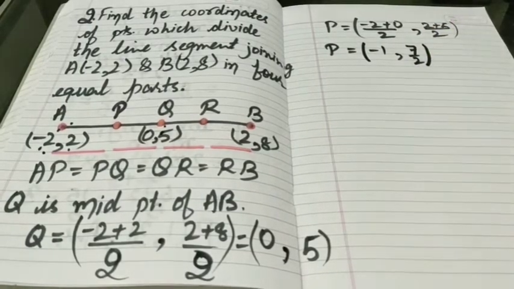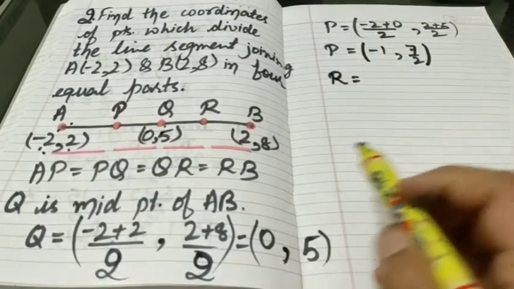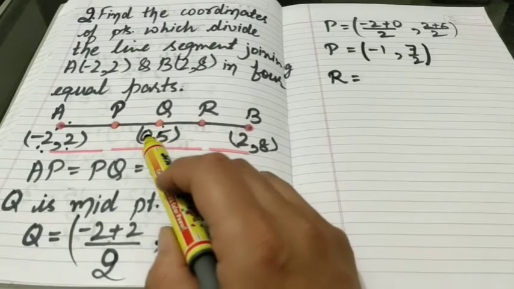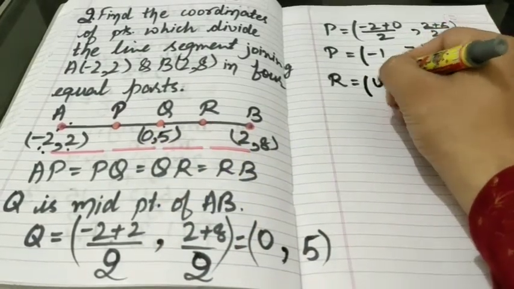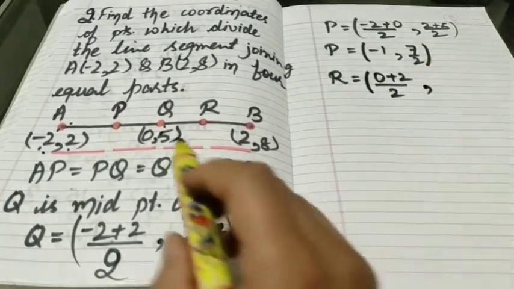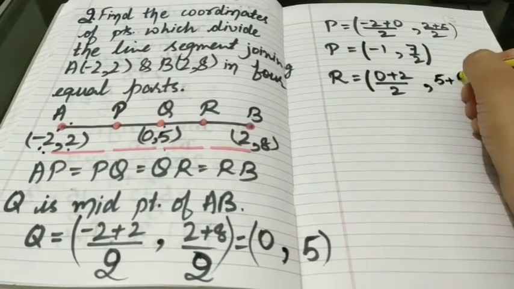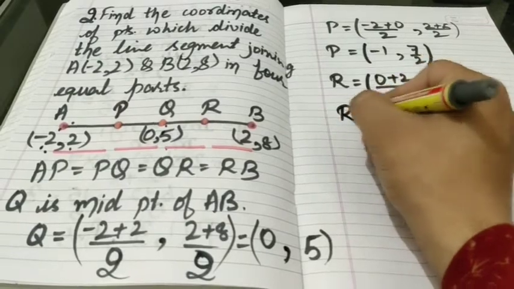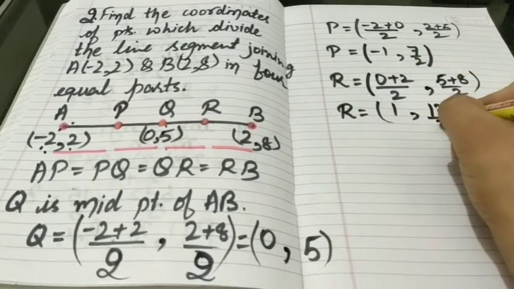In the same way, since R is the midpoint of QB, the x coordinate of point R is 0 plus 2 divided by 2, and the y coordinate is 5 plus 8 divided by 2. So on solving, the coordinates of point R will become (1, 13/2).